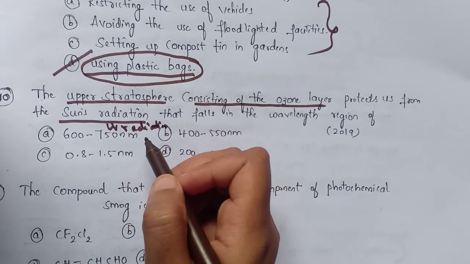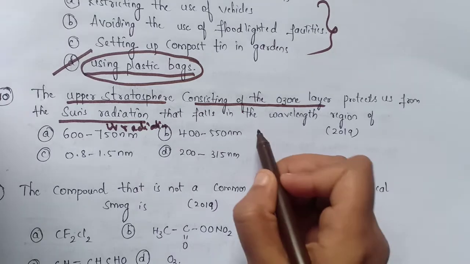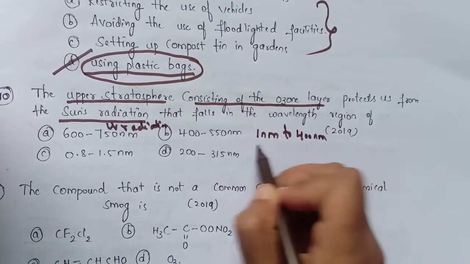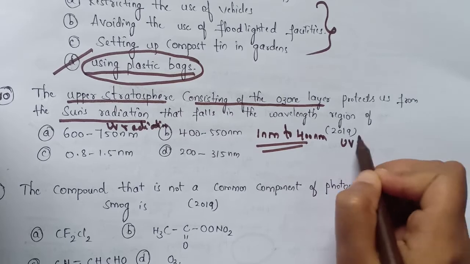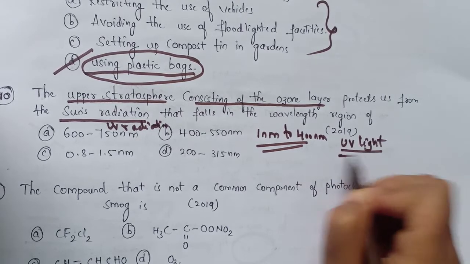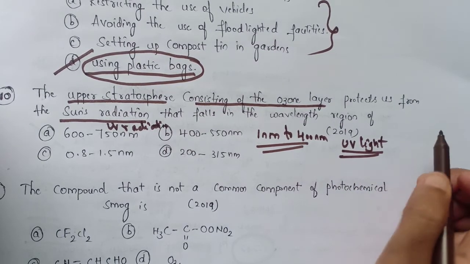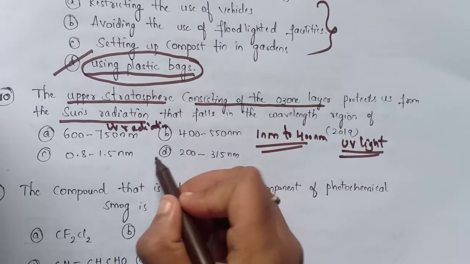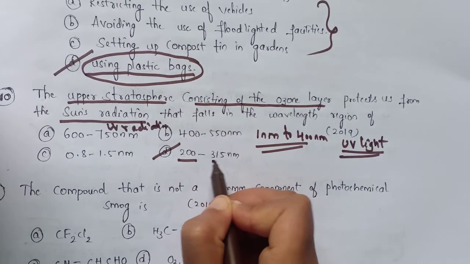So according to the electromagnetic waves categorization, UV light has a wavelength range from 1 nanometer to 400 nanometers. This is the range of UV light. So here the correct option is option D. It is 200 to 315 nanometers.